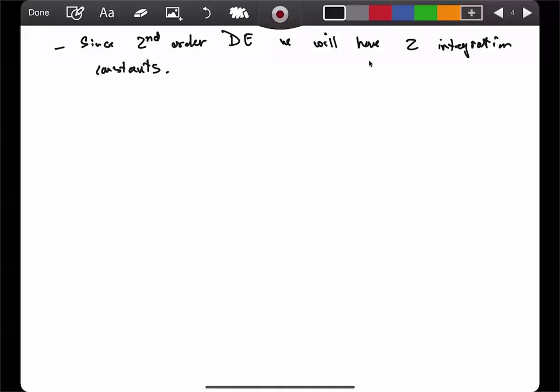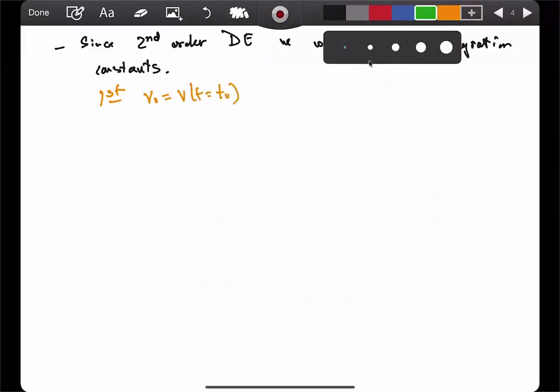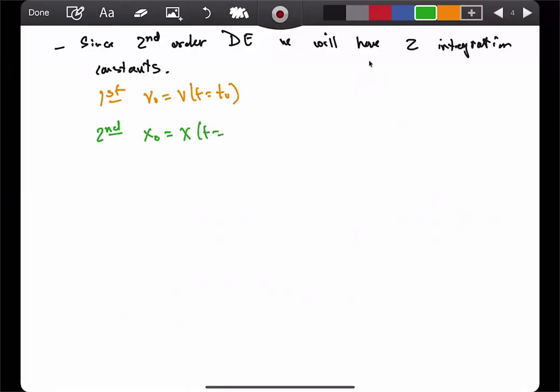So in this case, if we're doing two first order differential equations, our first constant is simply going to be the initial velocity, which is the velocity it has at t equal to t initial. And then our second is going to be the initial position, which is the position it has at the initial time.